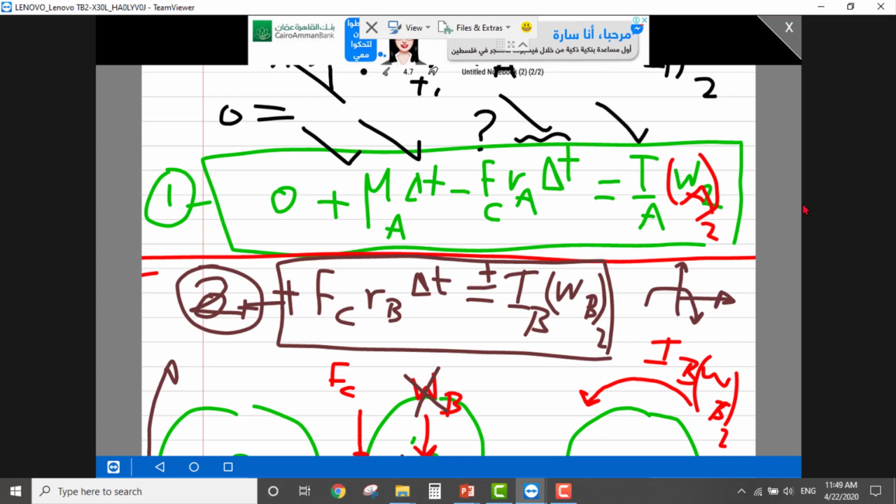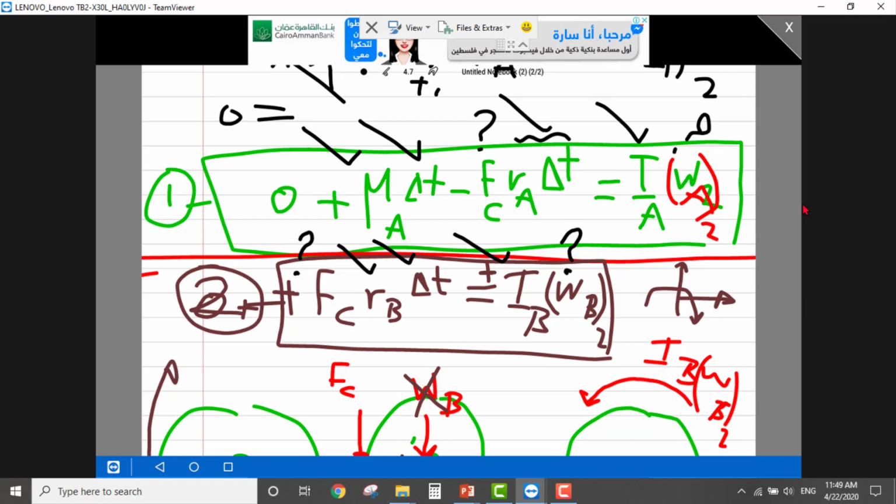Omega A is unknown. Now regarding the other equation, we have the same unknown, which is FC. RB is given, delta T is given, IB I can find, and omega B2 is needed from the problem. So we have two equations with three unknowns, so we need a third equation.